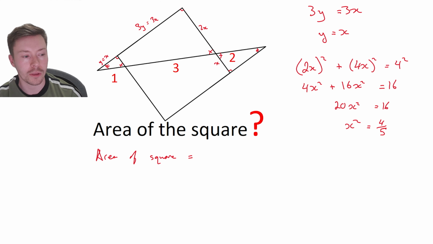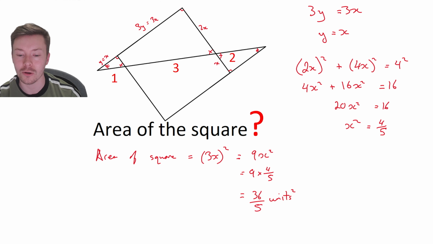The area of the square is 3x times 3x, which is 9x squared, and if I substitute in my x squared, I've got 9 times 4 over 5, which gives us a final answer of 36 over 5 units squared. Let's put a box around it.